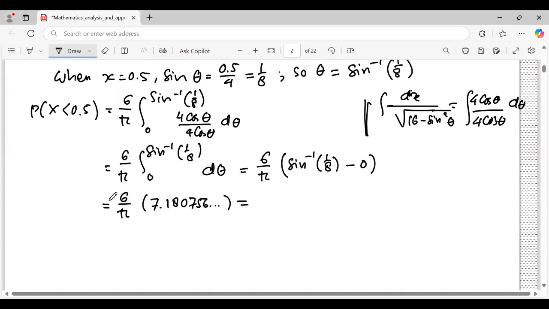And after that, multiply 6 over 180 times this number. The result is 0.239358, rounded off to 0.239.